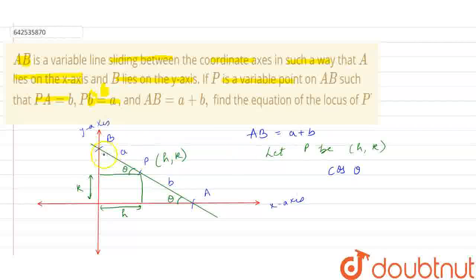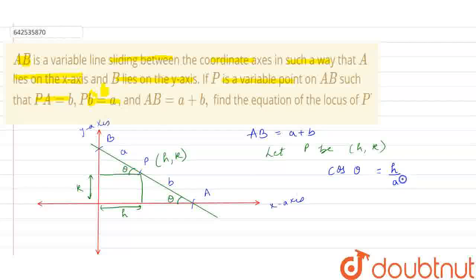This is a small triangle, with point B, this point and P, right? In this triangle we are finding the value of cos theta, which will be equal to, if this is h, then this will also be h, so h by a will be cos theta, base upon hypotenuse.